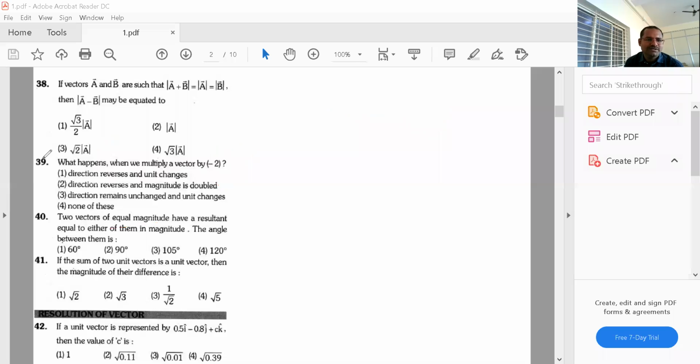Okay, 39. See question number 39. What happens when we multiply a vector by minus 2? Let us imagine there is one vector a bar. A bar is a vector. When you multiply this with minus 2, what will you get? You will get minus 2 times a bar. Means what happened to its magnitude?